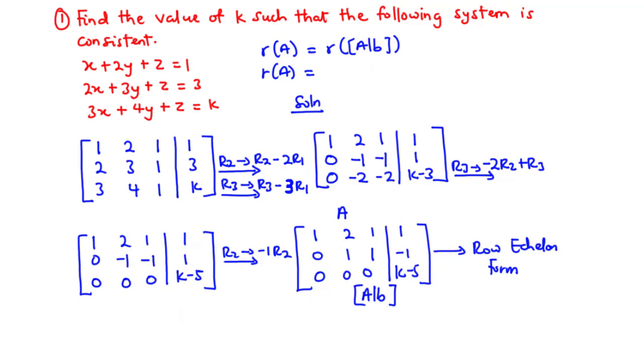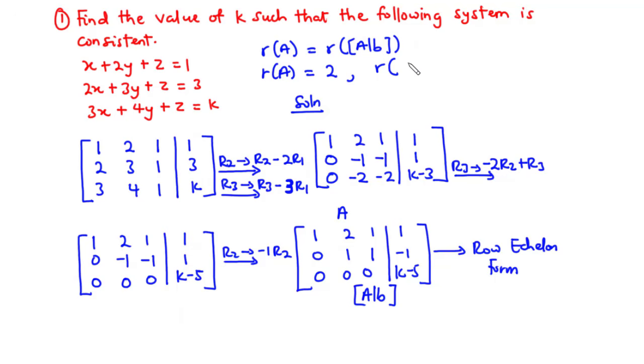To find the rank of the coefficient matrix, we focus on the coefficient matrix and count the number of non-zero rows. So we have this to be the first non-zero row, and this to be the second non-zero row, which means that the rank of the coefficient matrix A is equal to 2.